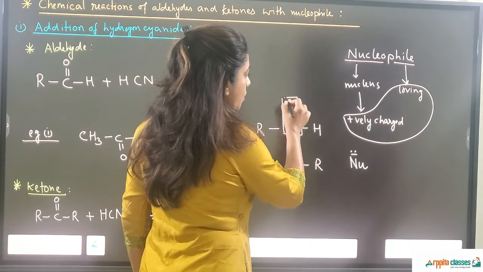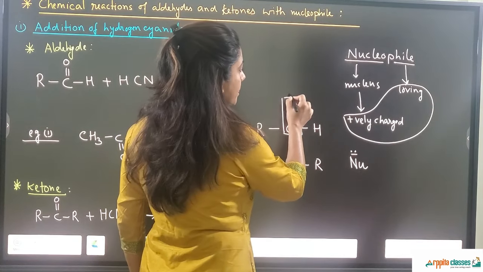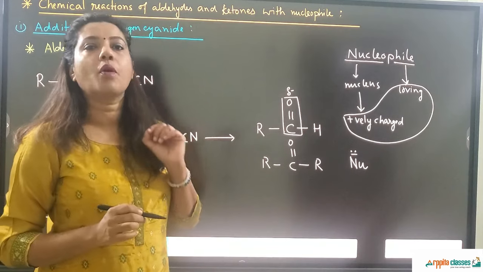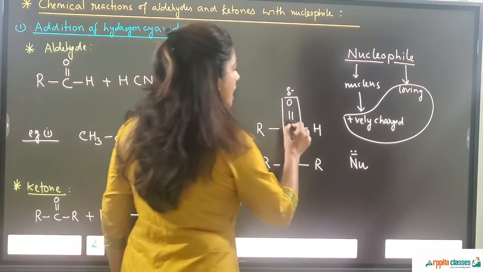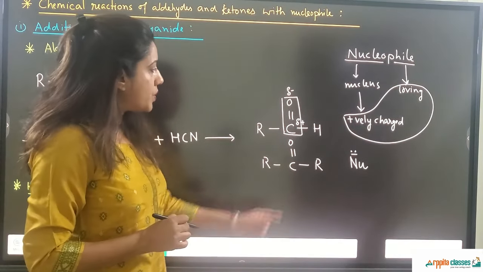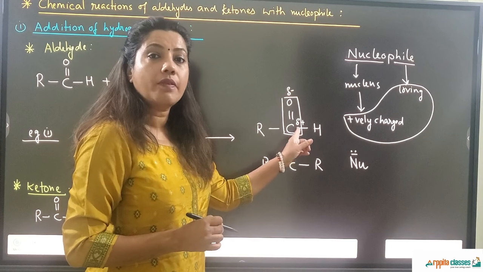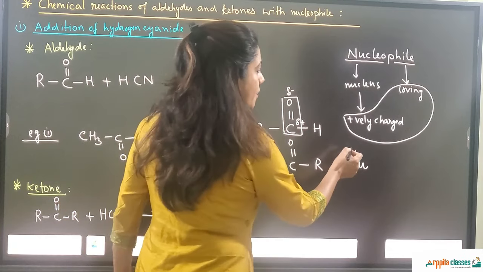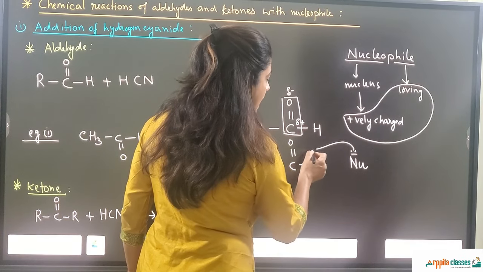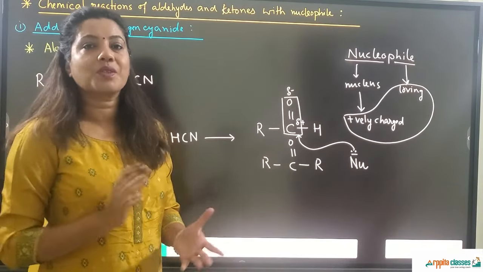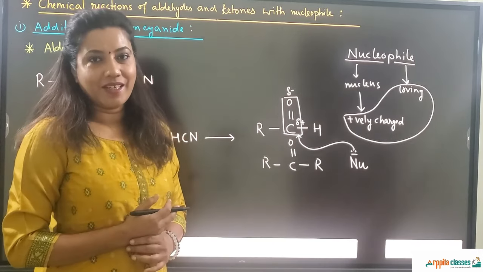Oxygen is much more electronegative than carbon, so it will pull the electrons towards itself and get a very small amount of negative charge, and carbon will get a very small amount of positive charge. So this carbon is a positively charged site. The nucleophile has a very high tendency to attack this carbon atom and get attached to it. This is what is called a nucleophilic addition reaction.